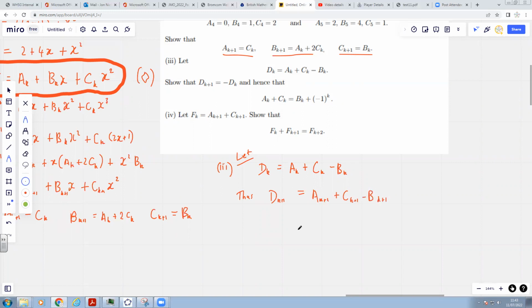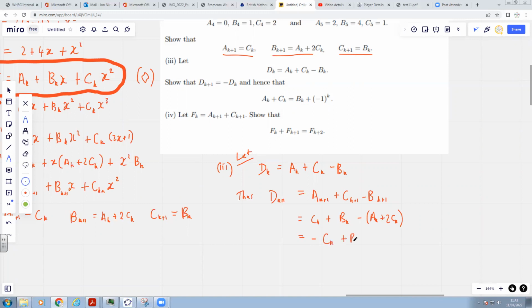Good. Now I can plug in the values which I've already shown are true, the ones underlined above, because that looks like a nice thing to do next. So I'm going to get ck, because then I can hopefully turn it into the negative of dk. Here, c_(k+1) is bk. b_(k+1) is the only awkward one, that's ak plus 2ck. Lo and behold, ck minus 2ck is minus ck.